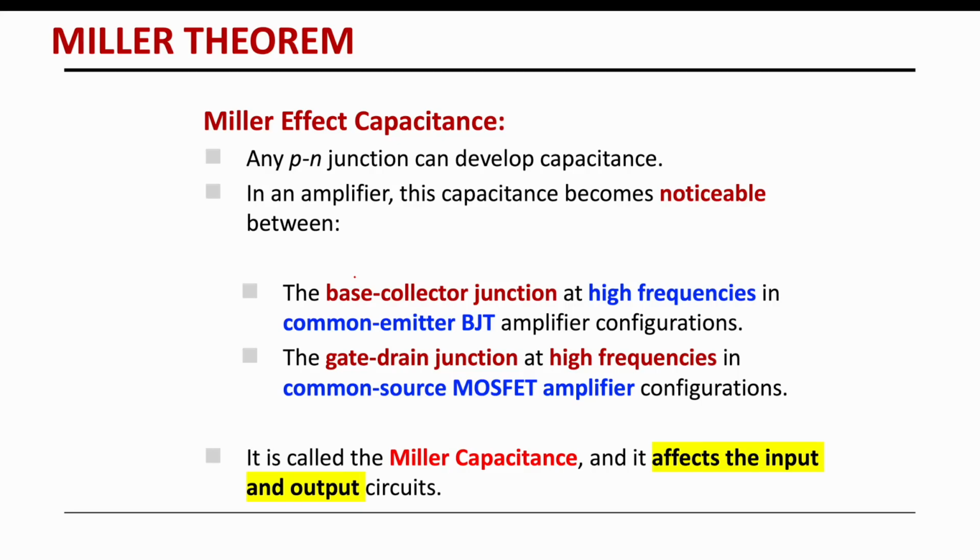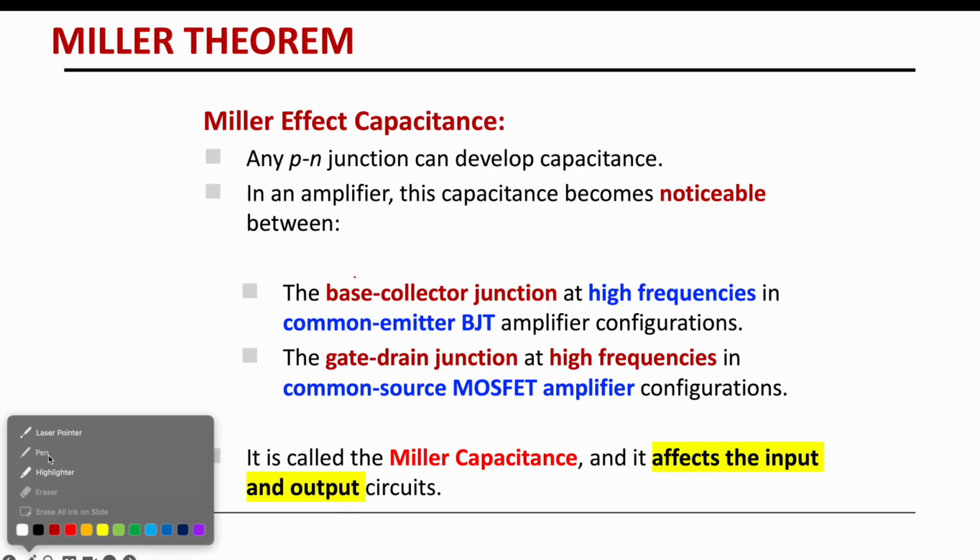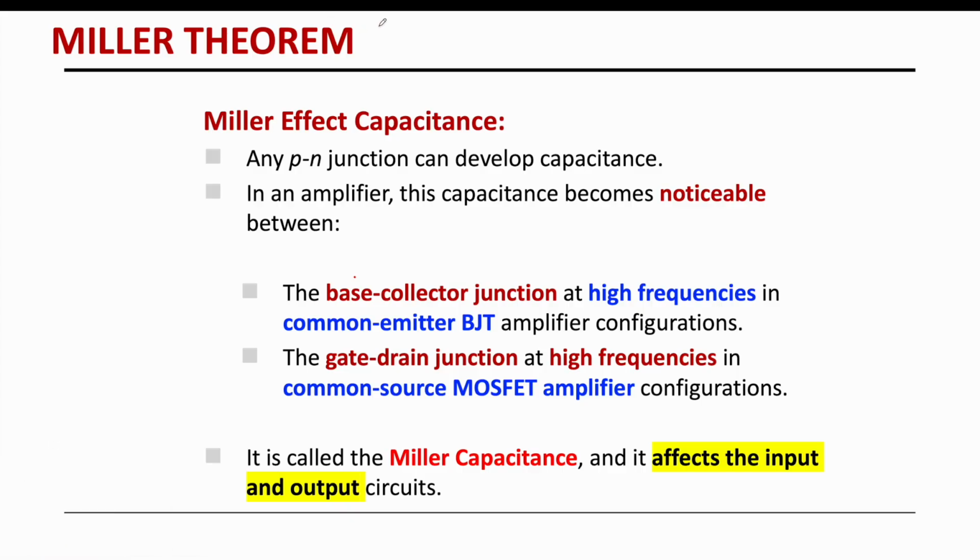So today we will continue our last topic in chapter 3 regarding the BJT, which is the Miller theorem. We have discussed the low frequency response and how the shape in a Bode plot will be.